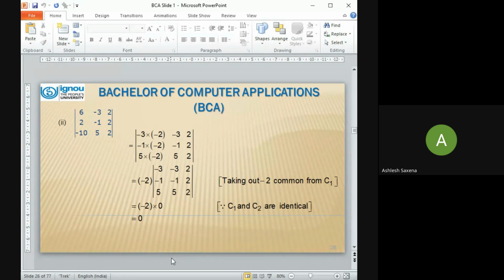I said okay. If you are taking minus 2 common, this is the solution. Column number 1 and column number 2 will become identical. As they become identical, the answer will be reduced to 0. Is that correct?